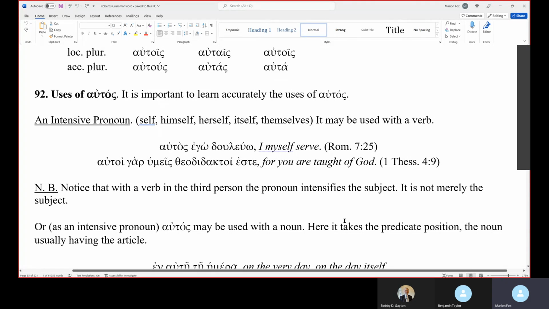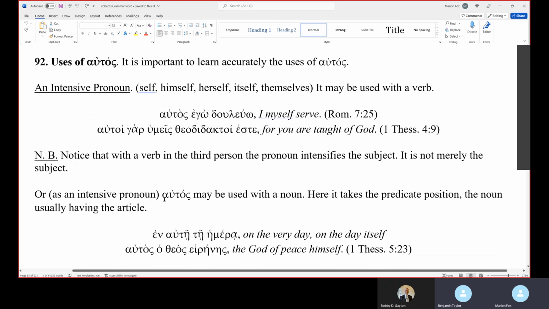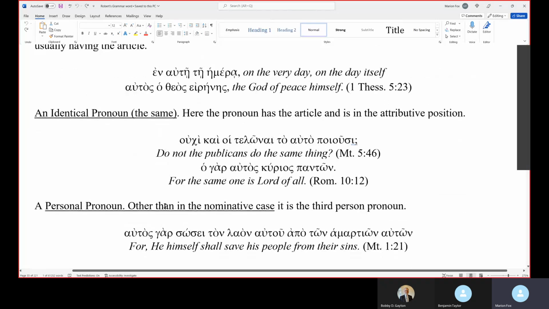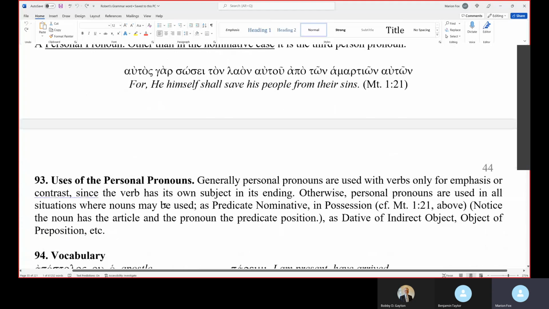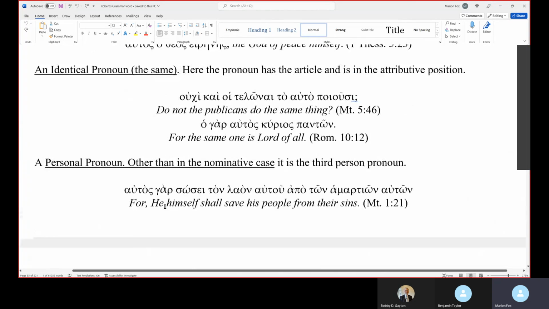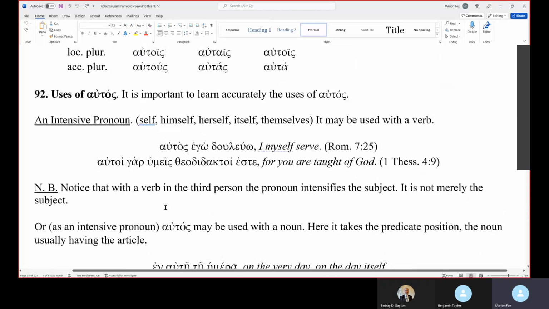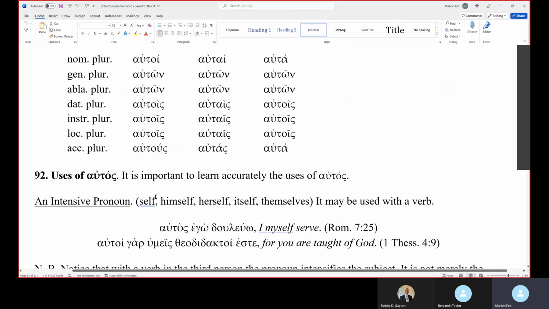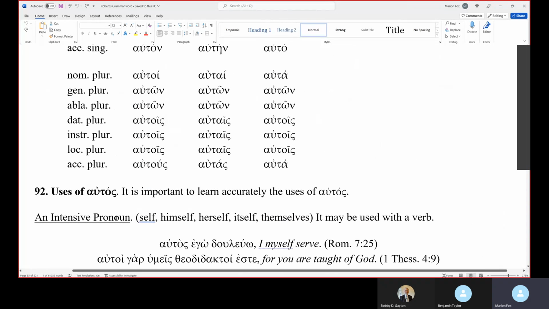We have the predicate position. It has the article, and if it's used in a special sense when it's in the nominative case, it's intensive. It's himself. So it's intensive when it's in the nominative case. Right. All the other cases then would be just it, he, she instead. Yeah, he, himself, or he, she, or it, okay.